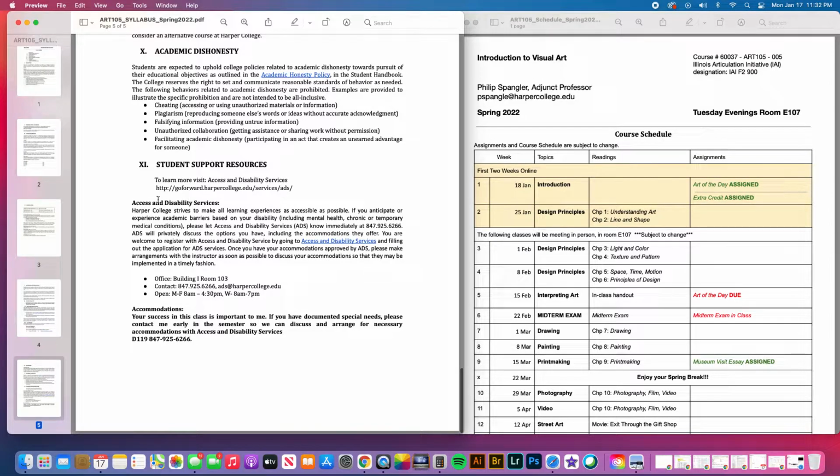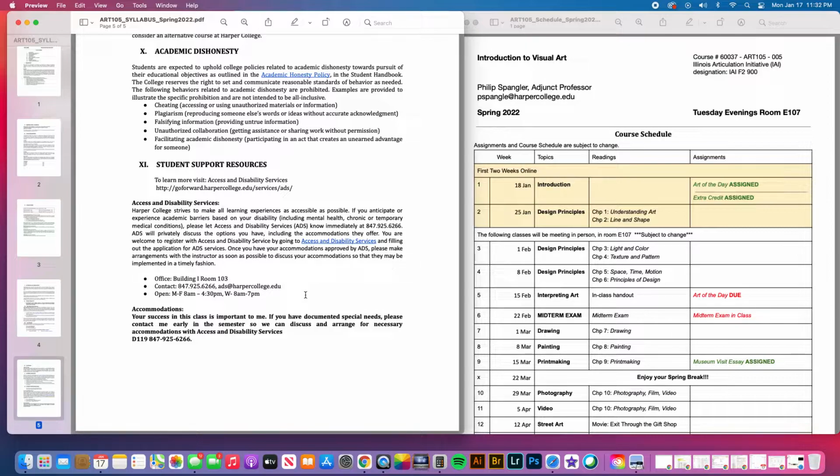We have student support services, and here is how to get in contact with the Access and Disability Services office. Every semester I have students that require accommodations provided by Access and Disability Services.